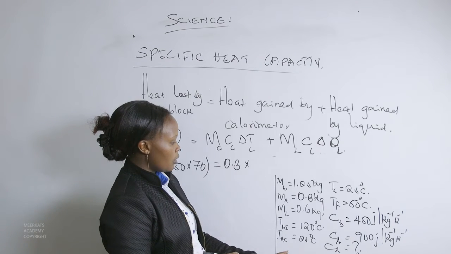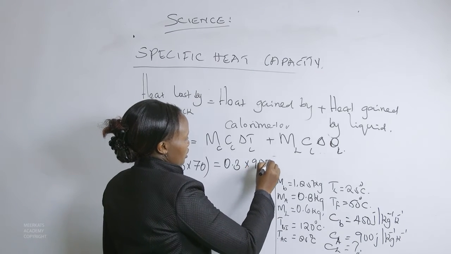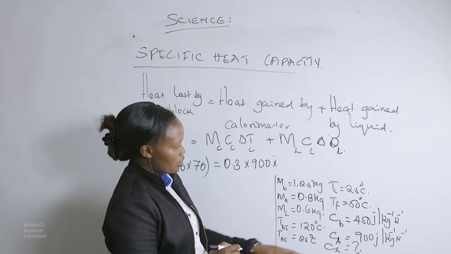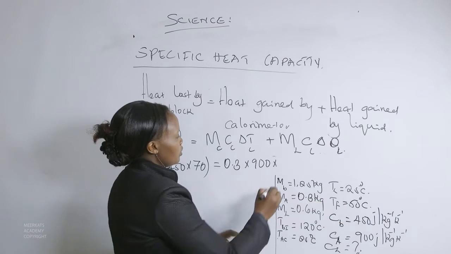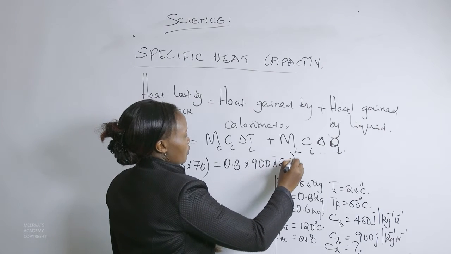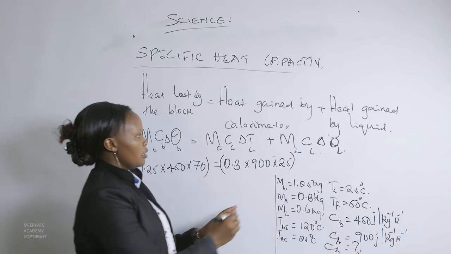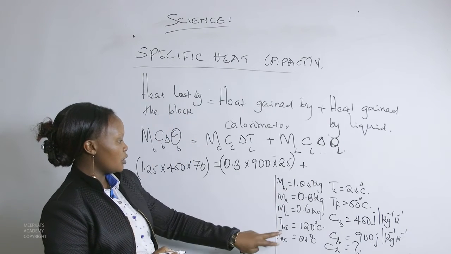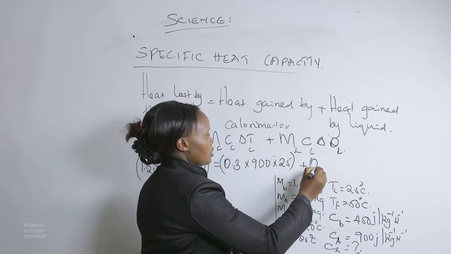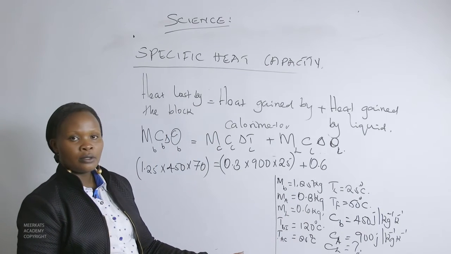This one we multiply by its specific heat capacity, which is 900. Then the change in temperature, which is 50 minus 25, gives us 25. And then this we add to mass of the liquid, which is 0.6 kg.